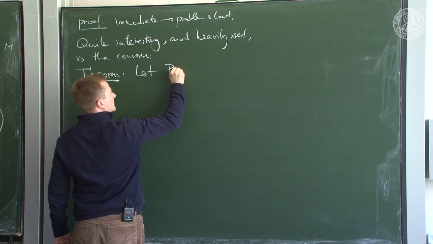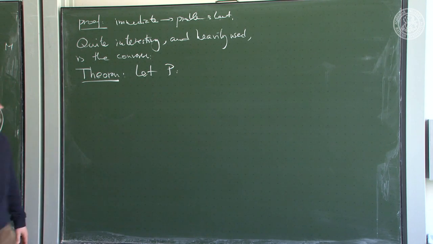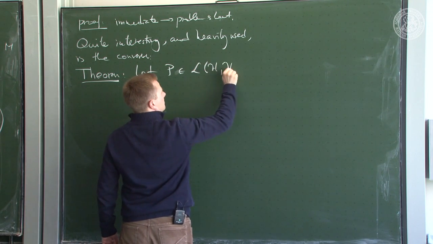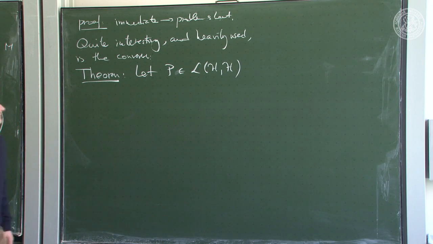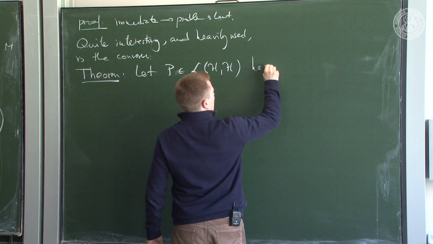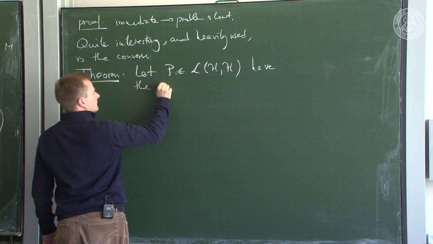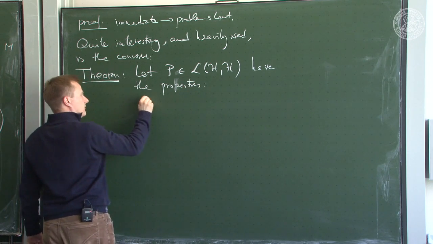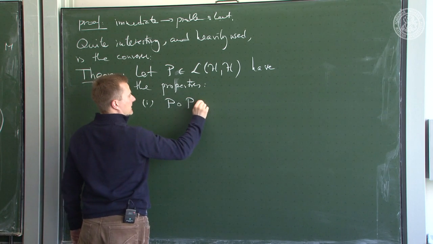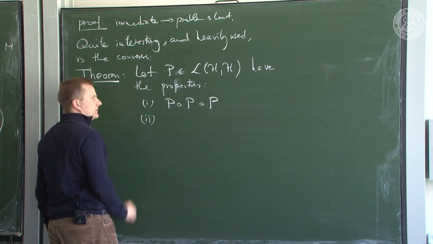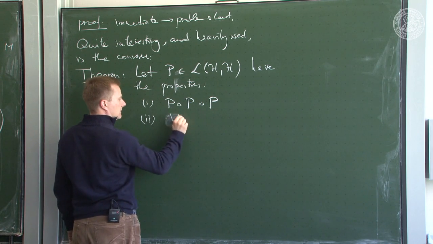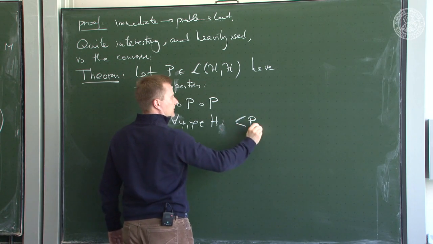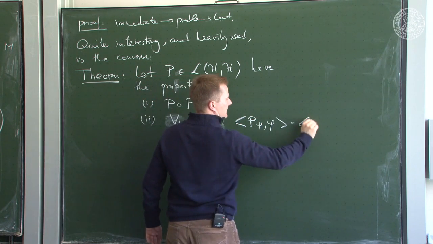Let P, not P sub M, but just a P map, that's a bounded map on H, have the properties: first property, P after P is P. Second property, for all psi, phi in H, the inner product P psi comma phi is the same as psi, P phi.